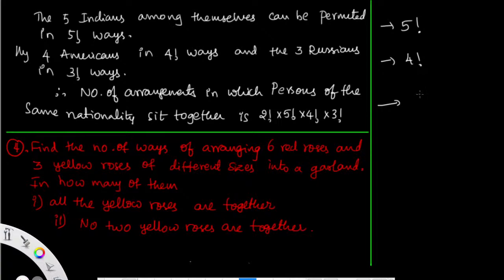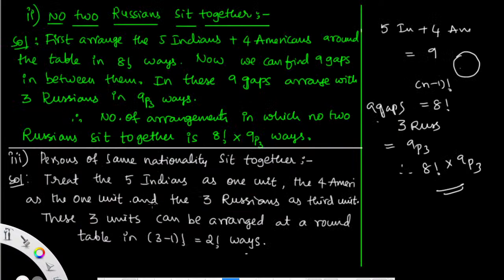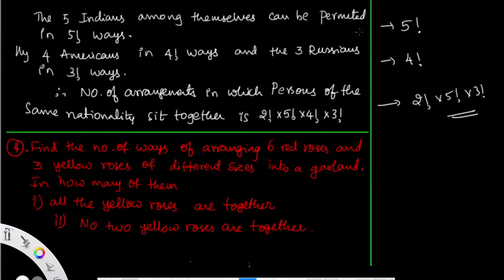The 3 Russians can also be arranged among themselves in 3 factorial ways. That is why the total is 2 factorial into 5 factorial into 4 factorial into 3 factorial ways. This is the answer of the third question, the arrangements in which persons of the same nationality sit together.